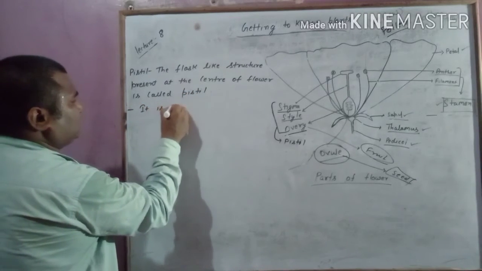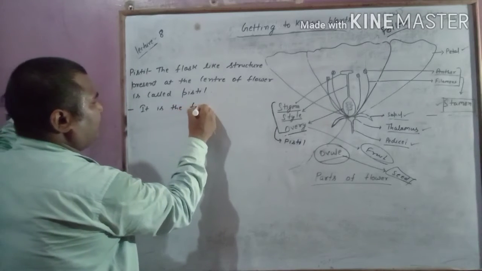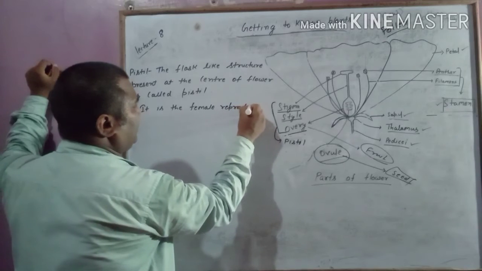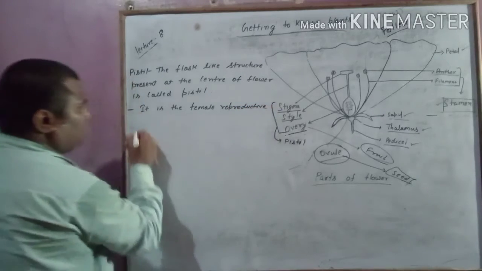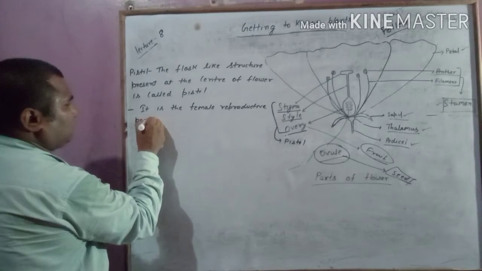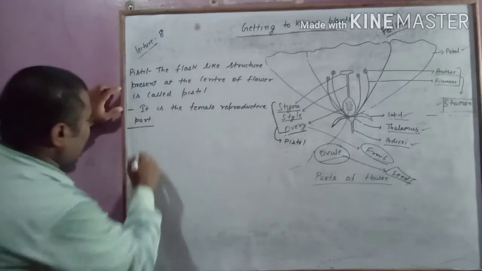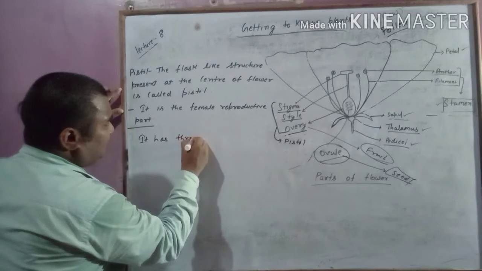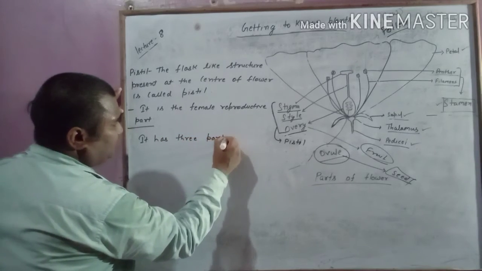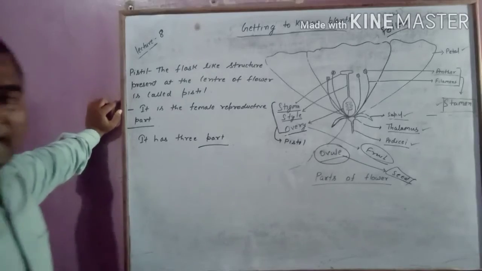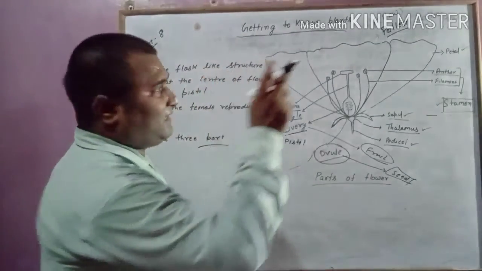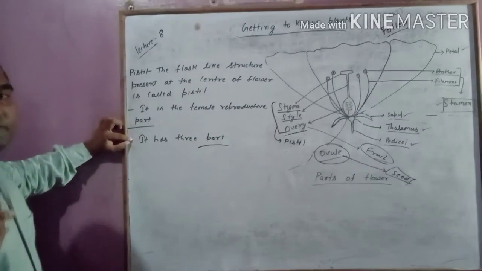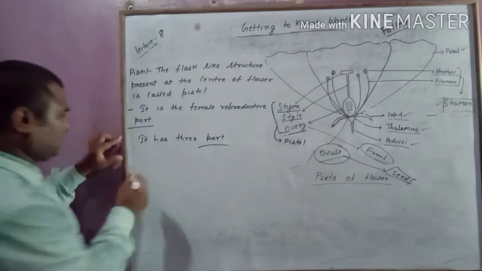It is the female reproductive part. Male reproductive part has two portions, that is filament and anther. The female reproductive part, that is pistil, has three portions.